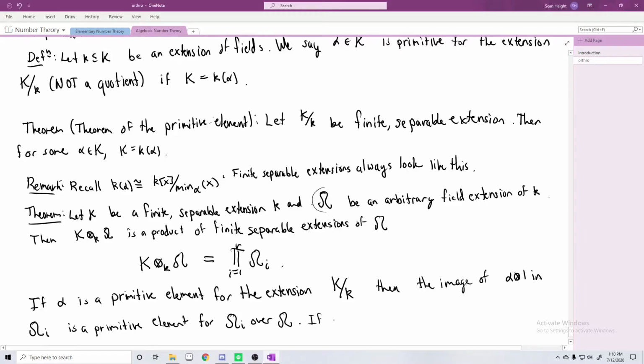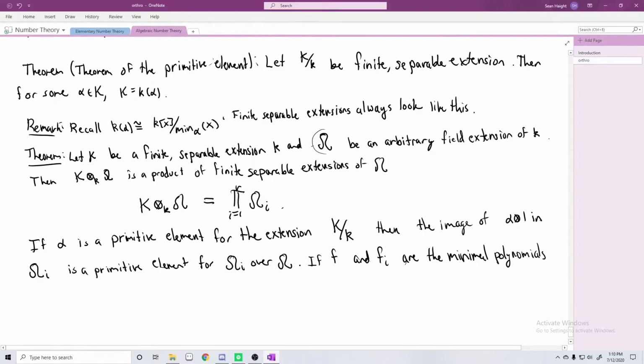Furthermore, let's say f is the minimal polynomial of alpha over k and f sub i the minimal polynomial of alpha sub i over omega.